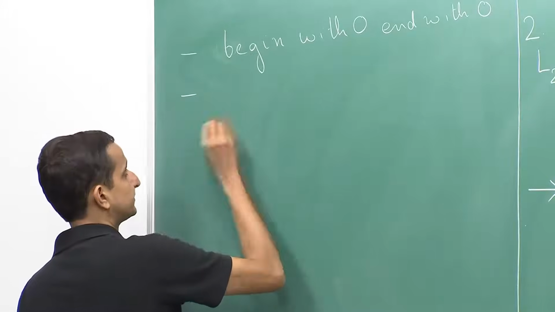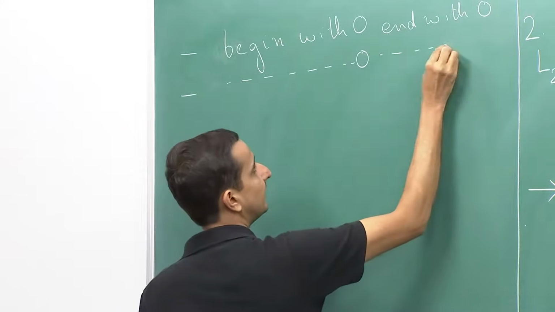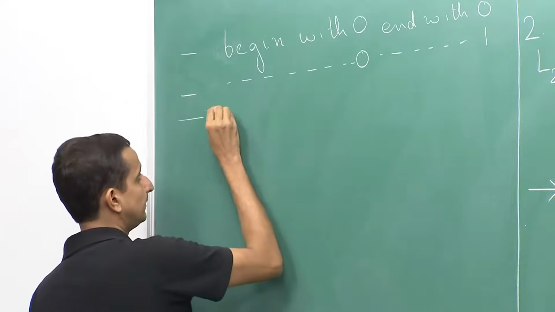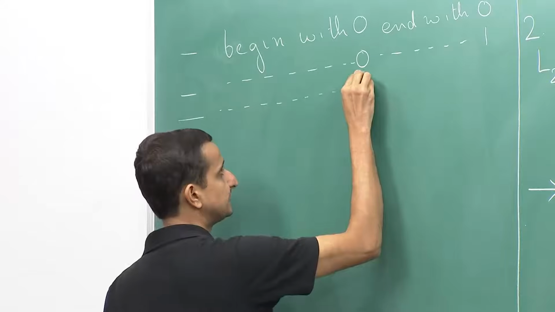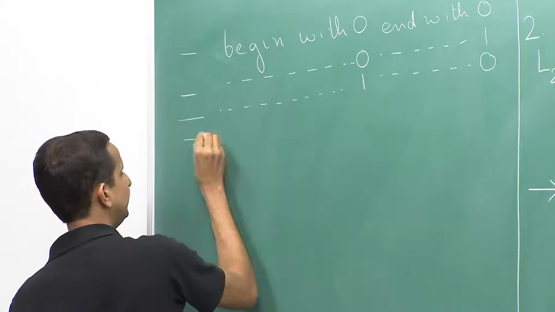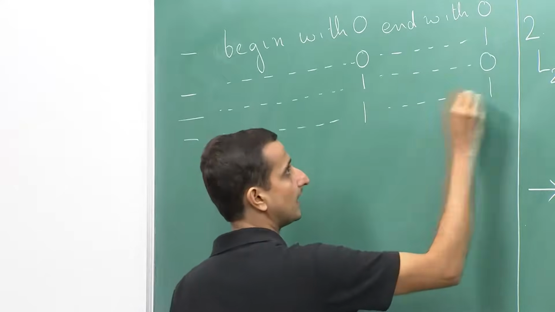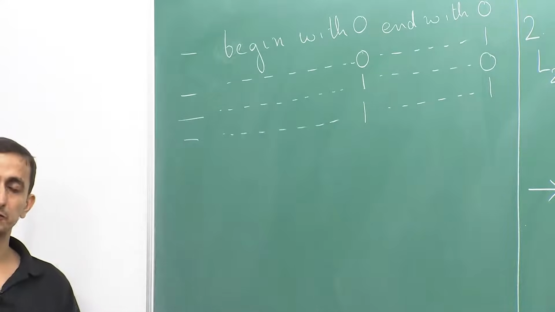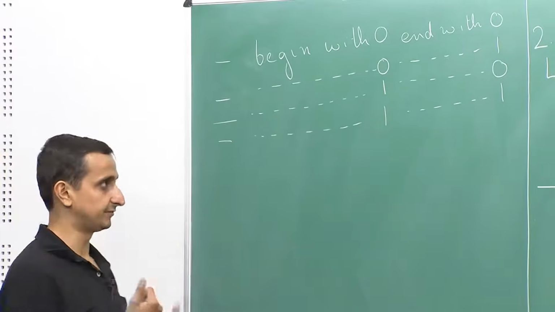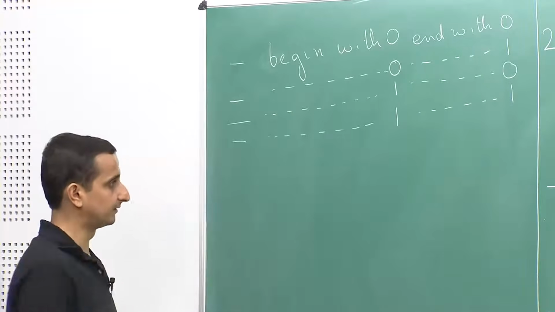Then I can have the set of strings that begin with a 0 and end with a 1. The third is the set of all strings that begin with a 1 and end with a 0. And lastly, I have the set of strings that begin and end with a 1. Okay. So, these are the 4 possibilities that can happen if I look at the first and the last bit of any string. So, now using this idea we will construct our automaton.